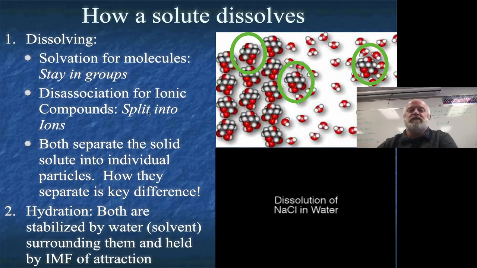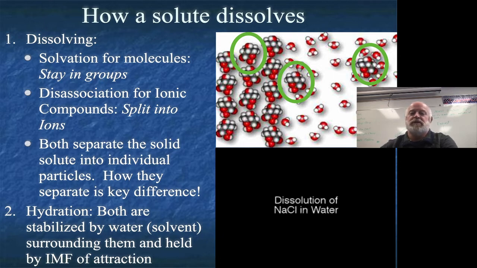We really should spend some time talking about the difference between how molecules dissolve versus ionic compounds. We mentioned this earlier in the year, but now it's time to actually get into our notes, okay? So for molecules, we say they undergo a solvation process, okay? Not salvation, it's a whole different thing, solvation. In solvation, the molecules are going to stay in their groups, okay?